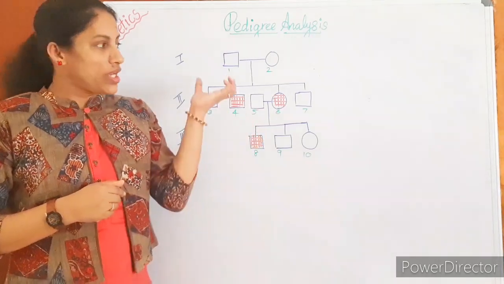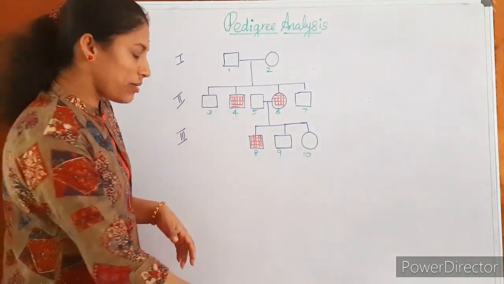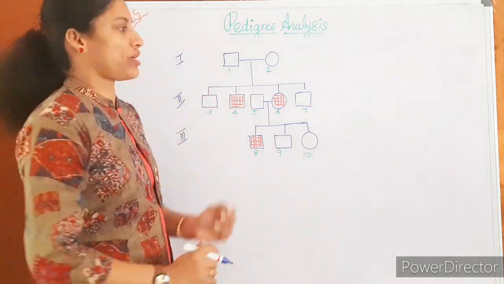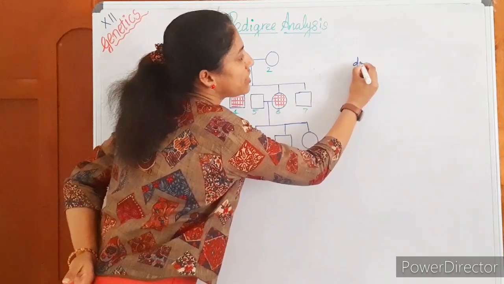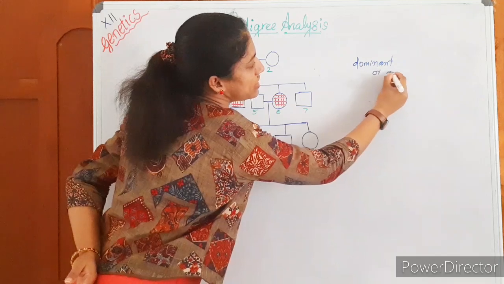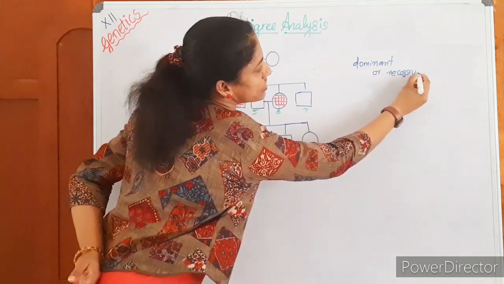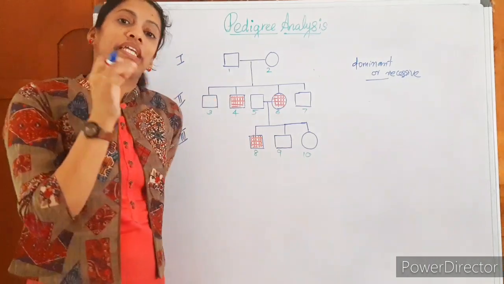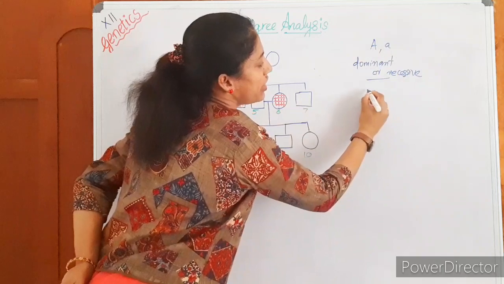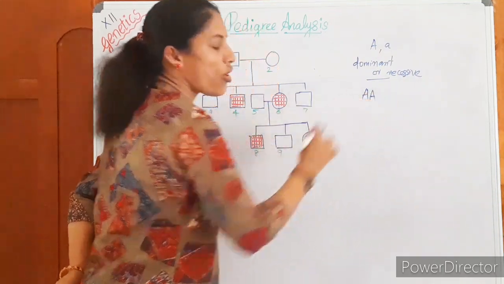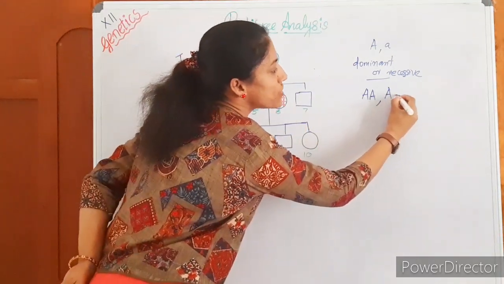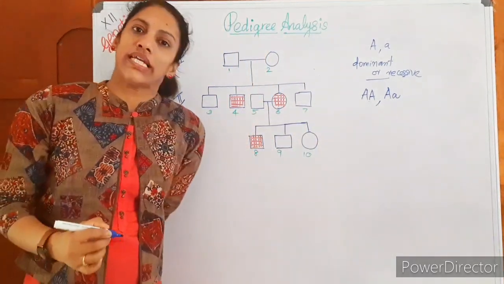If the disorders are following Mendelian inheritance, then we can study such disorders very easily using a pedigree chart. From the pedigree, what are the ideas you have to derive? First, whether the disease is dominant or recessive. If the disease is dominant, using symbols A and a, the homozygous individual AA and also the heterozygous individual Aa should be diseased.